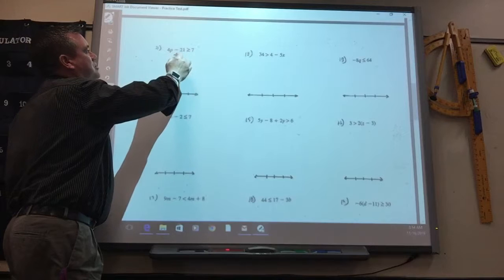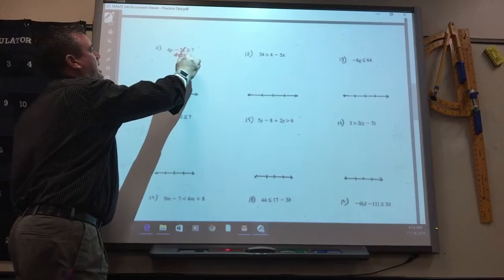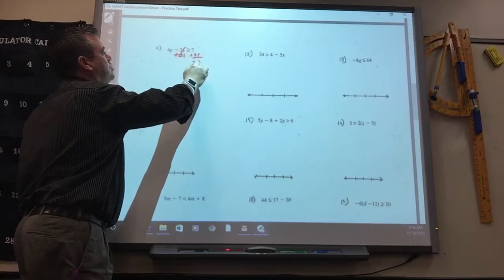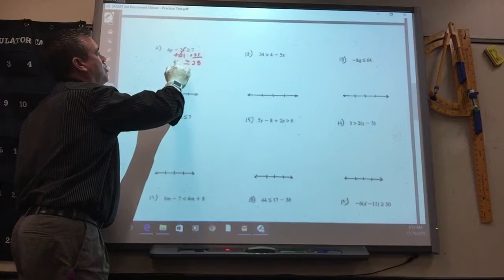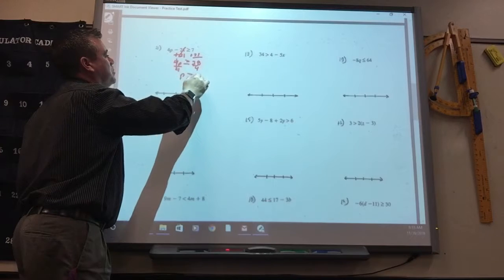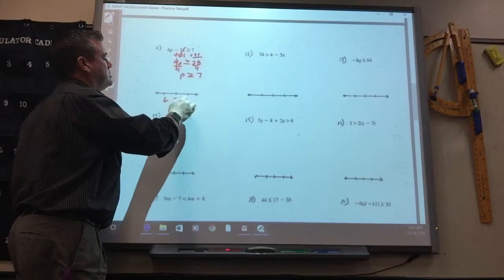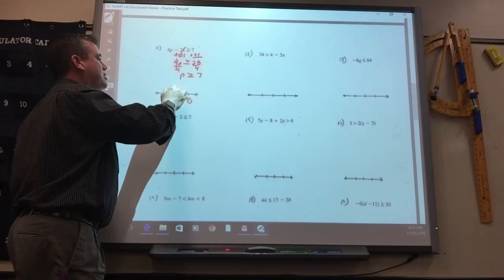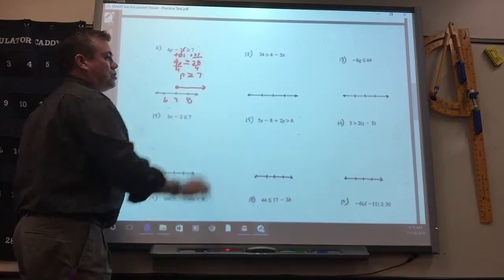Remember, you do your add or subtract first. It's a minus, so we add 21. 28, drop the sign down, 4p. Then divide by 4, and you get p is greater than or equal to 7. So that'd be a filled in circle at 7. P is greater, so it goes to the right.